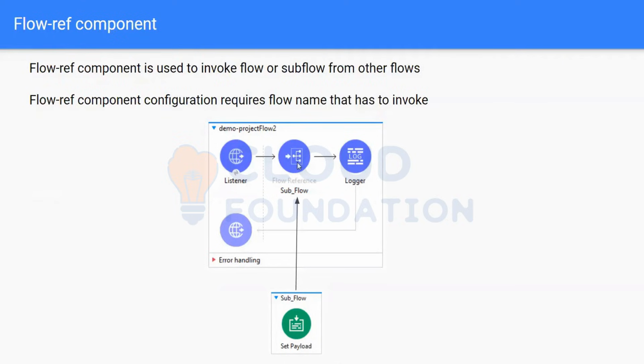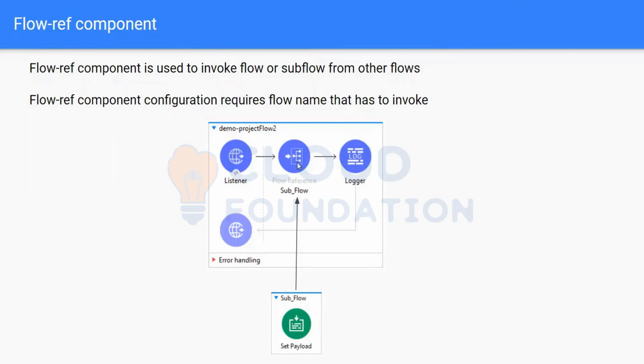Here, what happens is if you use a flow reference, the flow reference refers to the subflow and whatever components are inside it. In this scenario, there is only one component, the set payload component, but it may have multiple components also. All these components will come and replace the flow reference.